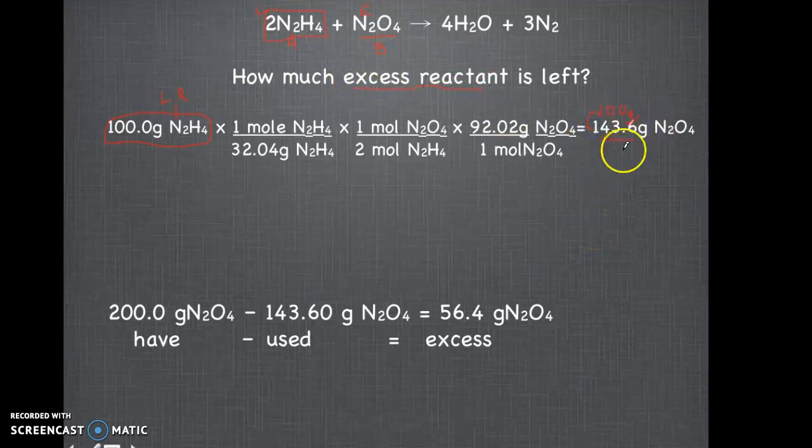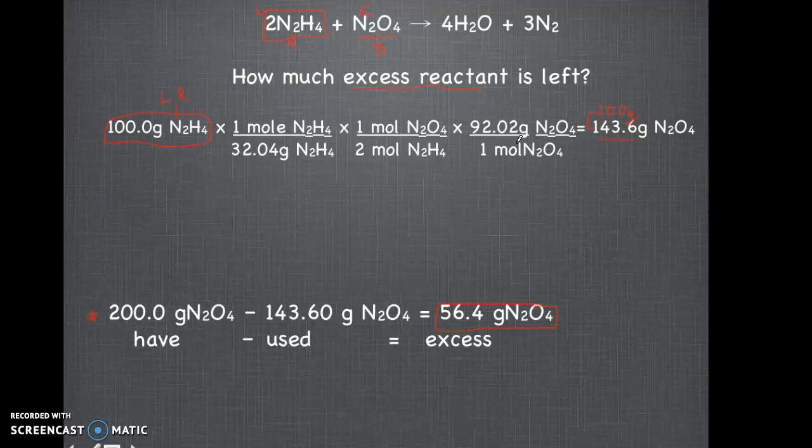So we do 200 grams minus 143.6, and then we would get our final answer right here again, 56.4. Okay, so in this setup that we just did together, the subtraction happens in the second step, like this step right here. The subtraction is done after you do the stoichiometry. If you remember the first way I did it with you guys, we subtracted first and then did the stoichiometry. And again, pick whichever way is easier for you.